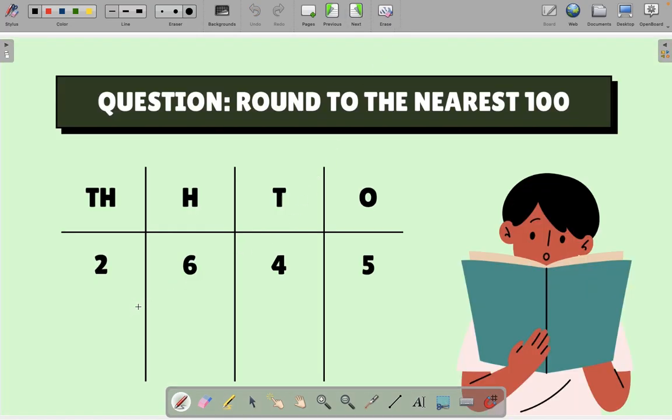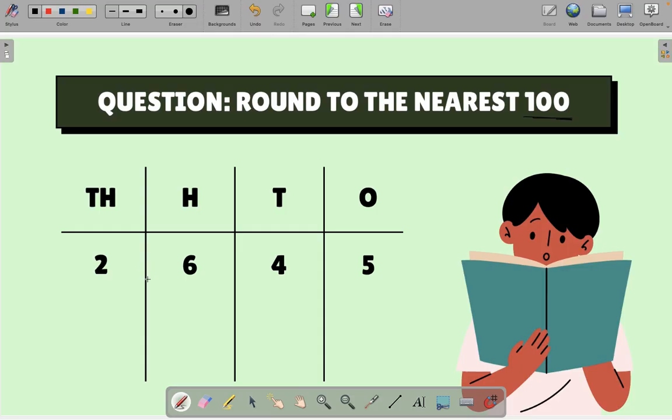So here you have to round off to the nearest 100. Now the question has changed. We have a new question, round to the nearest 100.